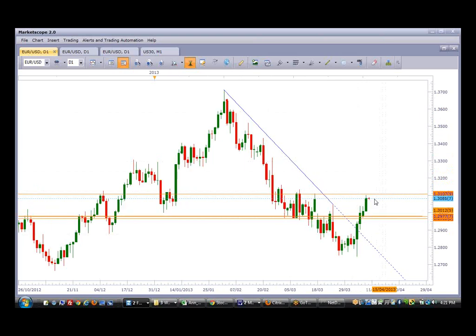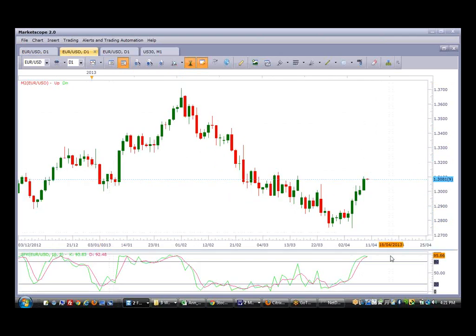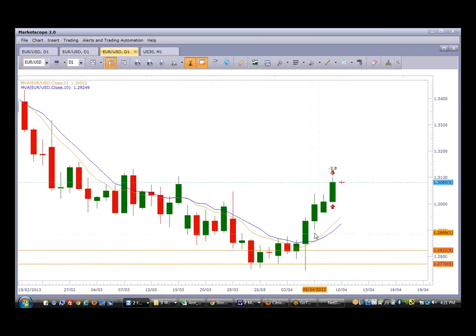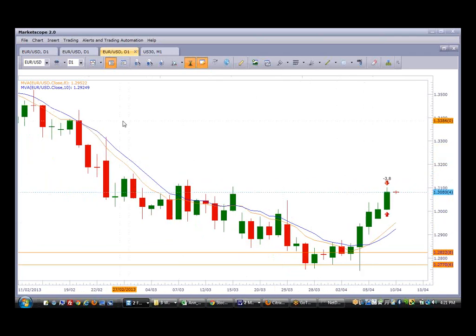With the setup, there's no current setup for an M1. M2, there's also no setup, but it's in the overbought area. And M3 is still at play. M3, the trigger was on this candle right here, and still no exit strategy to the upside. Okay, any questions with the euro against the dollar?